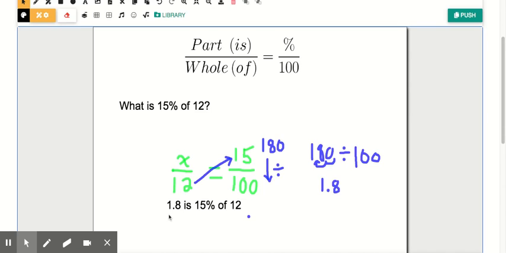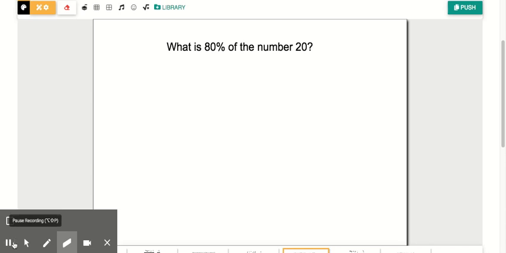So 1.8 is the same as 15% of 12. 1.8 represents 15% of 12. Perfect. Now I'm going to let you pause and do this one on your own. What is 80% of the number 20?